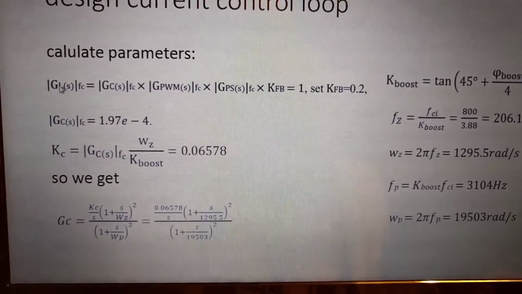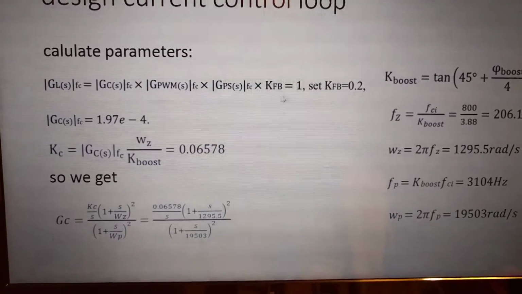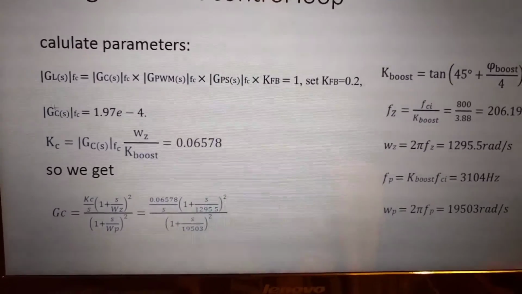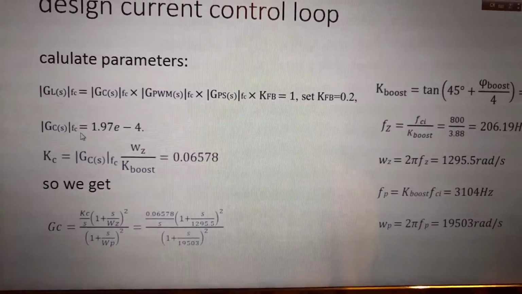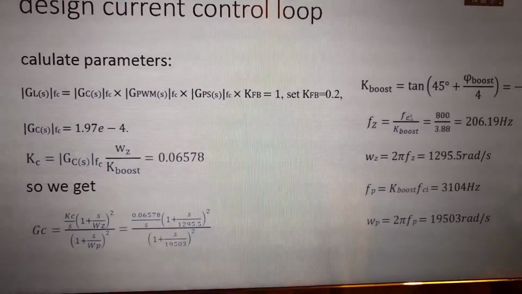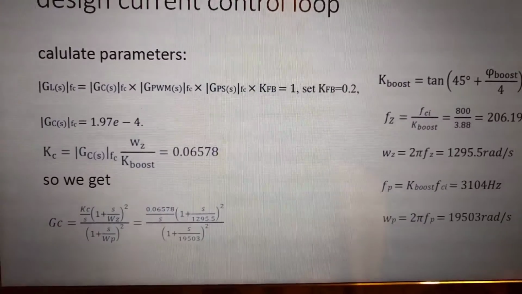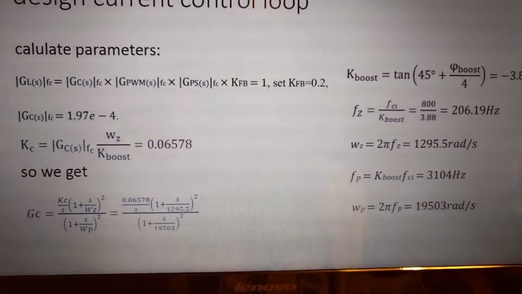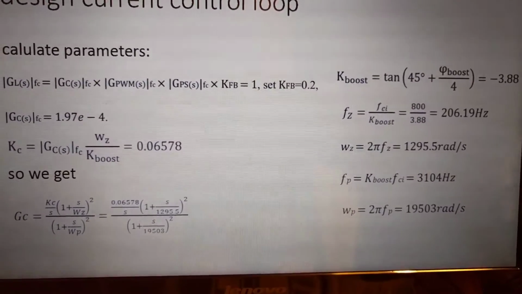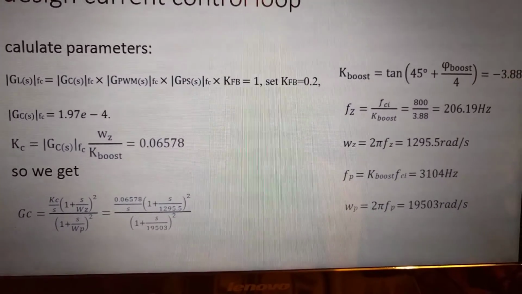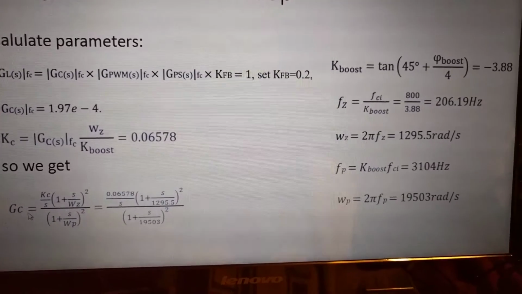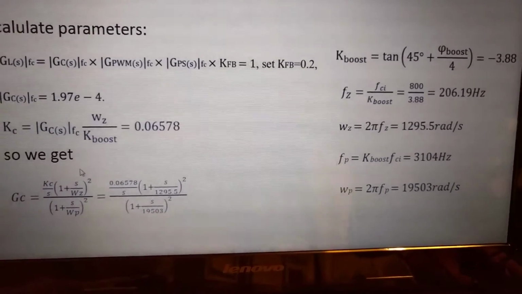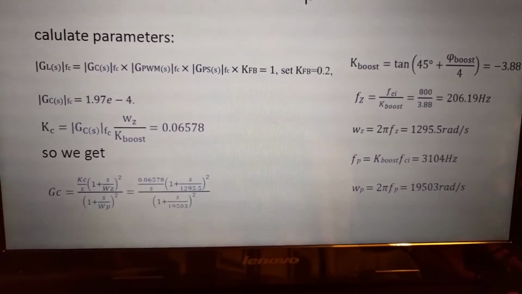Then using this equation, which is equal to 1, we set KFB equals 0.2. We got the transfer function at the crossover frequency. And here are all the parameters and how to calculate them. We got all these parameters, so we got the transfer function of GC, which is the controller transfer function.